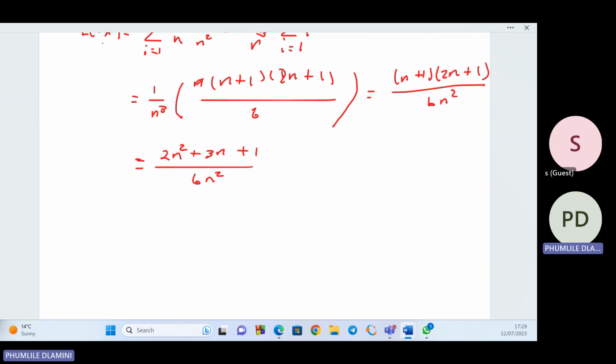So now we have U of Pn and L of Pn. So we are going to calculate the limit. When we calculate the limit, we're going to say the limit as n approaches infinity of U of Pn.